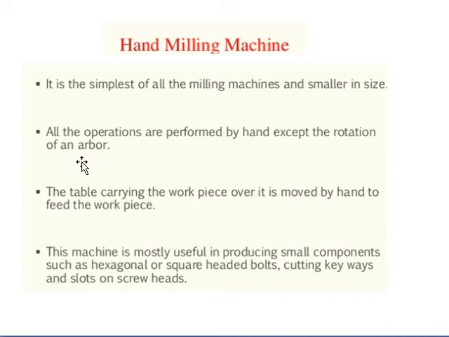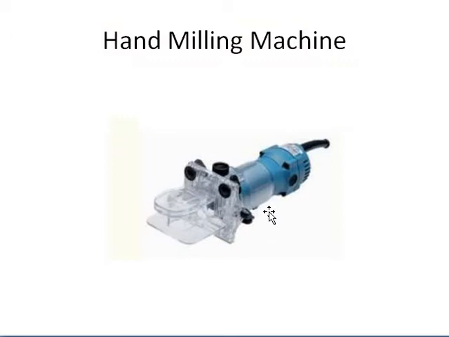The table carrying the workpiece is moved by hand to feed the workpiece. This machine is most useful in producing small components such as hexagonal or square headed bolts, cutting keyways and slots on screw heads, etc.